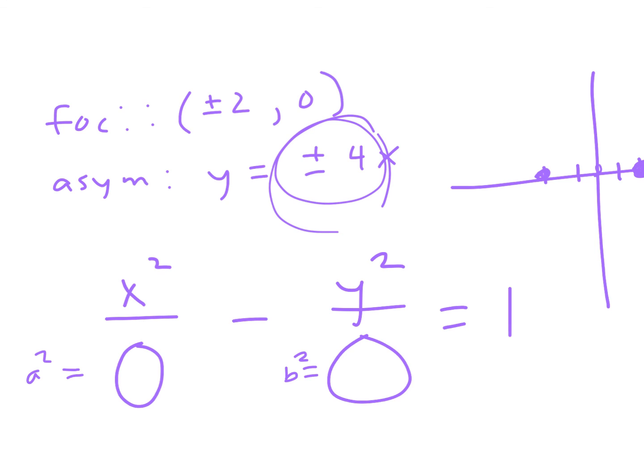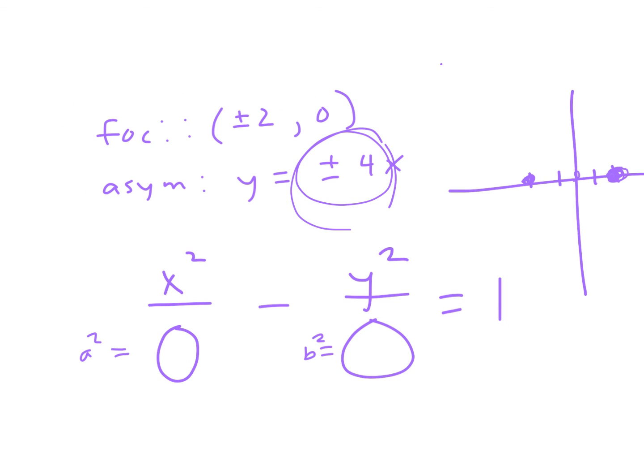A over b or b over a. How do we know if this is a over b or b over a? Is it horizontal or vertical? Horizontal, so is it a over b or b over a? B over a. So 4 is equal to b over a.